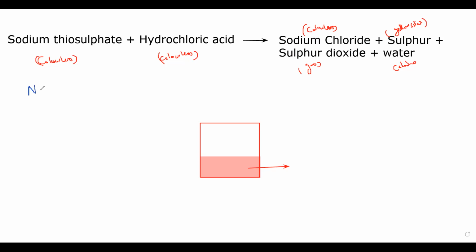The sodium thiosulfate formula is Na2S2O3. That's sodium thiosulfate, mixed with HCl, hydrochloric acid. This results in the formation of sodium chloride, NaCl, plus sulfur, plus sulfur dioxide, plus water.